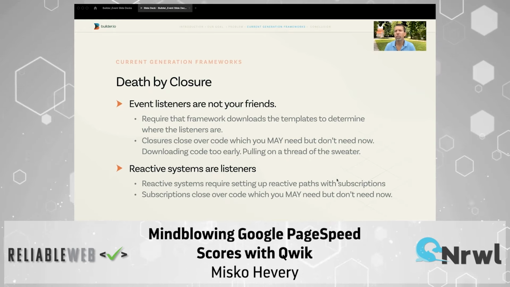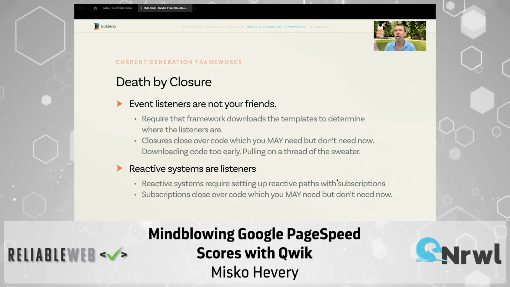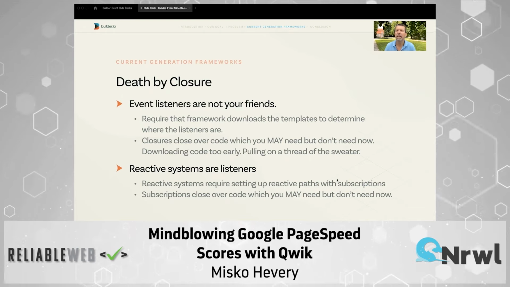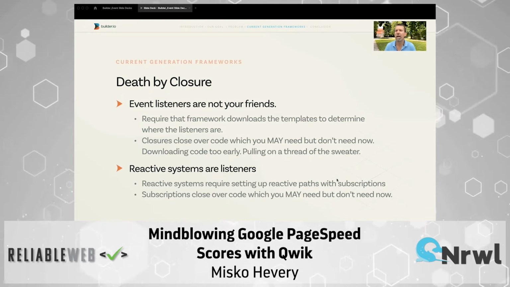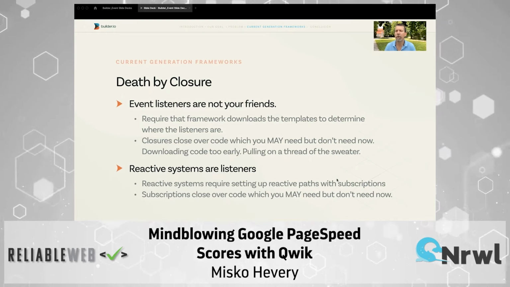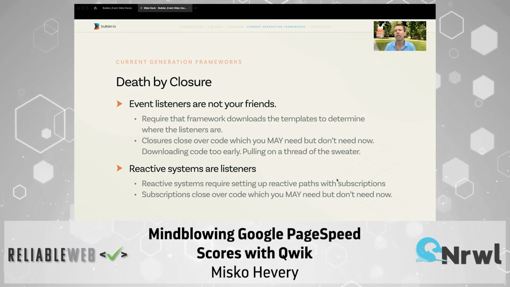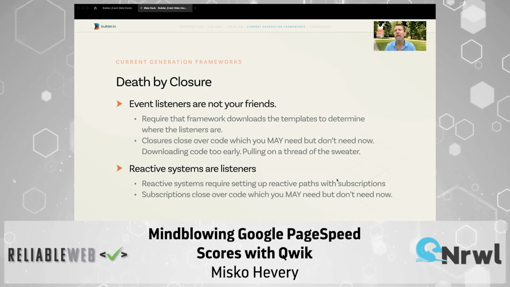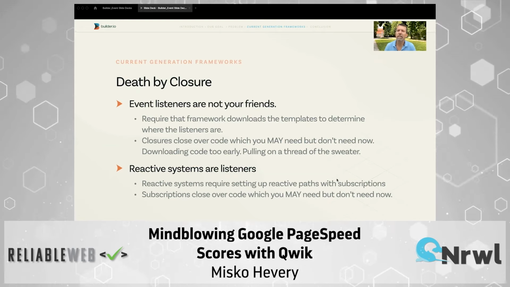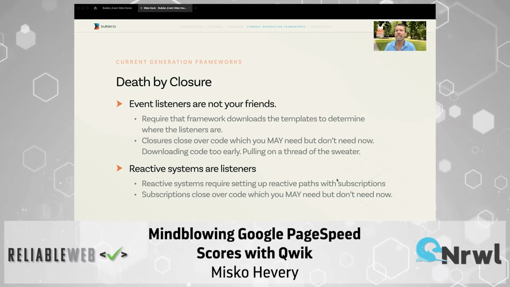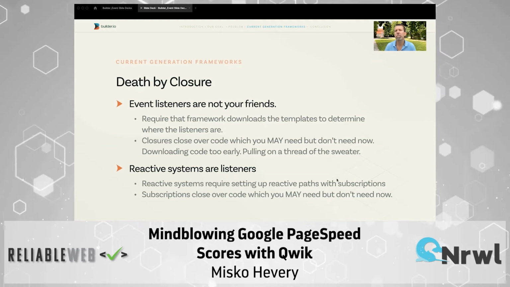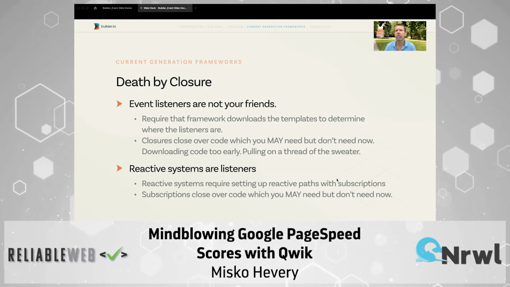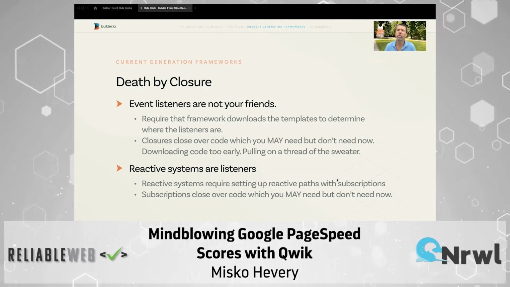And whether or not you will click on that button, because the closure is in the template, when you download the template, you are downloading the closure for that behavior, and you're also downloading all of the code associated with this behavior. And because existing frameworks expect these closures to be executed synchronously, there is really no good place to place your asynchronous loading for your lazy loaded code.